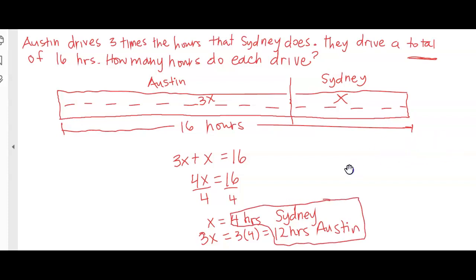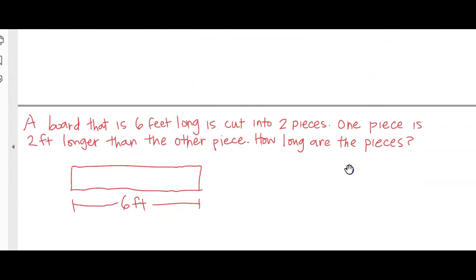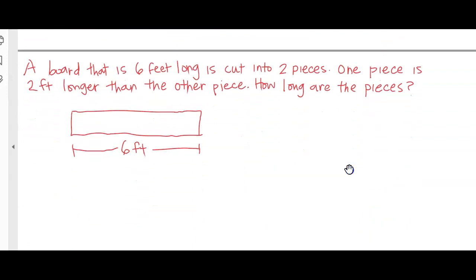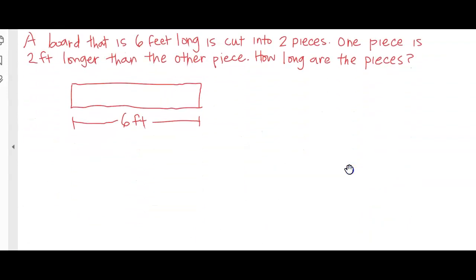Now I'm going to skip down because I want you to see how this is similar to another problem you've been doing. Most students don't seem to struggle with this problem, maybe because they are able to visualize things a little better. This is the same type of problem you'll come across on homework 1.7 also. This time, a board that is 6 feet long is cut into 2 pieces.